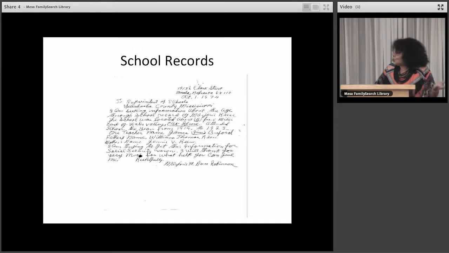And she tells him the school was located about 5 miles east of Water Valley, Mississippi, in Oak Grove, which is a town that no longer exists. And she said she attended from 1919 to 1923. One of the teachers was Jim Buford, who was a cousin. And she says, I'm trying to get this information for Social Security reasons.